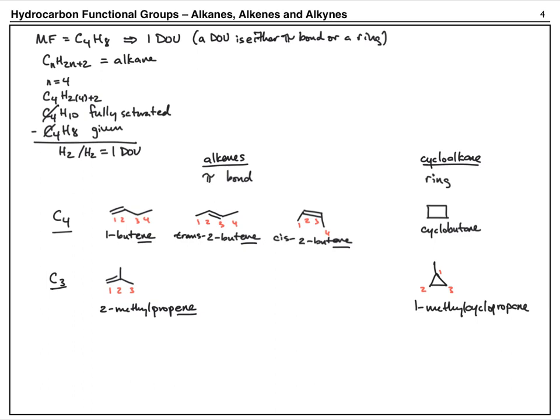So notice the nomenclature, because these do not have a pi bond, they have the ane ending, but they start with cyclo, cyclobutane, cyclopropane. So we've proposed 6 constitutional isomers for this molecular formula.